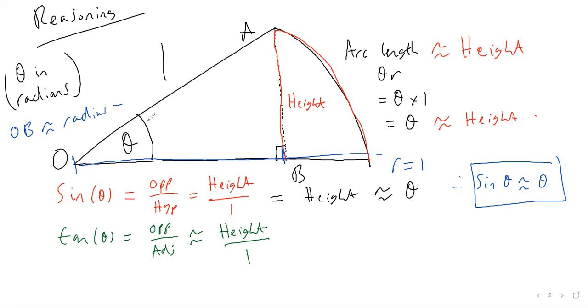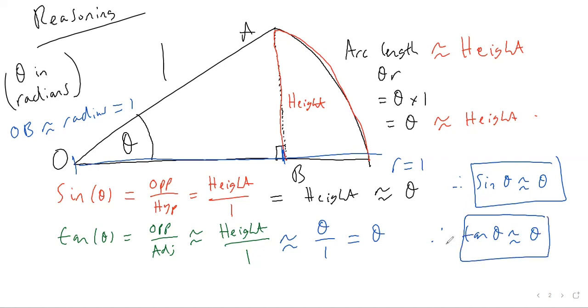So opposite over adjacent is approximately height over 1, and height is approximately theta, so approximately theta over 1, which is equal to theta. Therefore, tan theta when theta is a small angle is approximately theta.